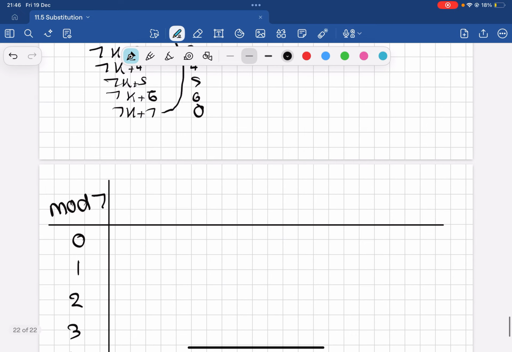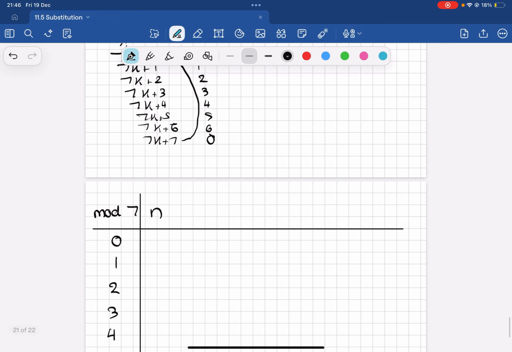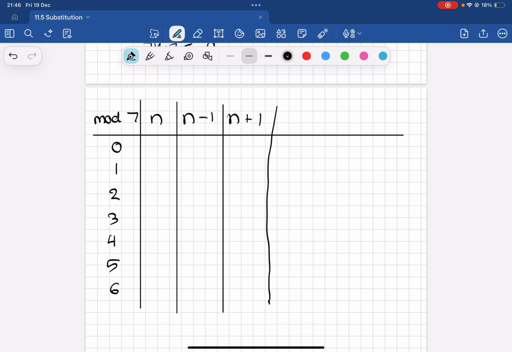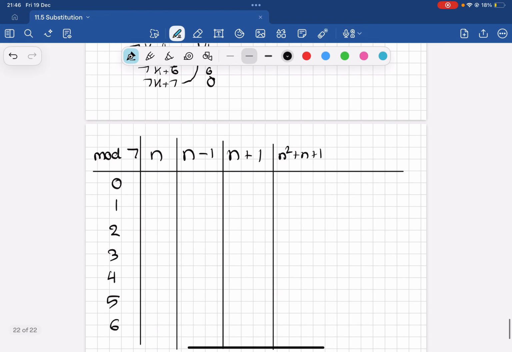And then we've got all the products. So we've got n, n plus 1, n minus 1, and then our quadratic terms, which are n squared plus n plus 1, and the other one was n squared minus n plus 1.